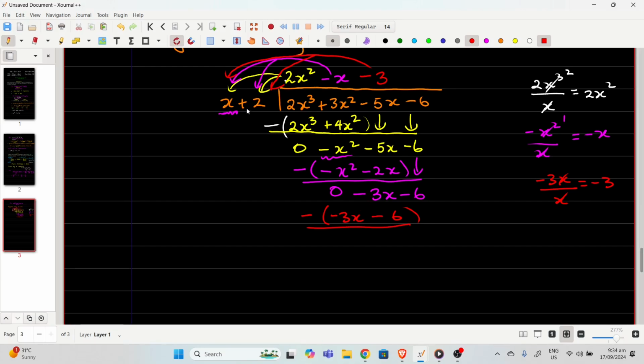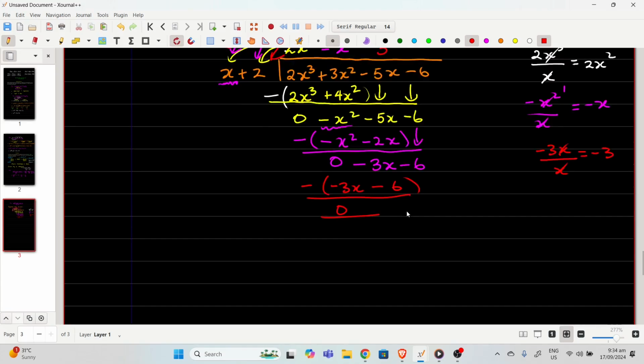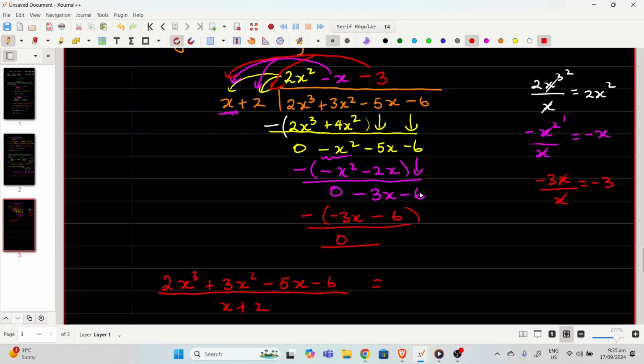Simplifying that, this added to this is going to give me 0, and then this added to this is also going to give me 0. And that is the end of it. So I am saying that 2x cubed plus 3x squared minus 5x minus 6 divided by x plus 2 is going to be equivalent to whatever is on the top there, which is 2x squared minus x minus 3.